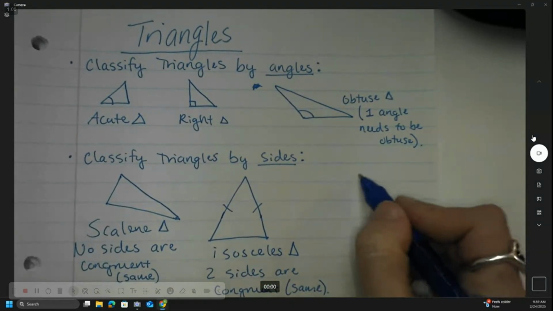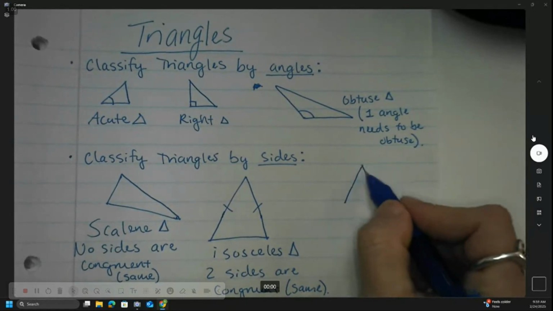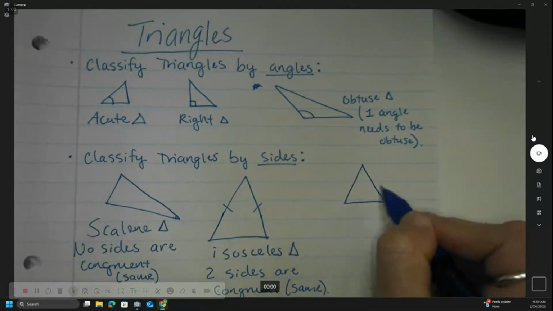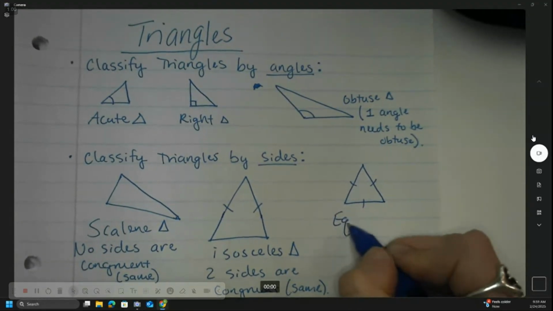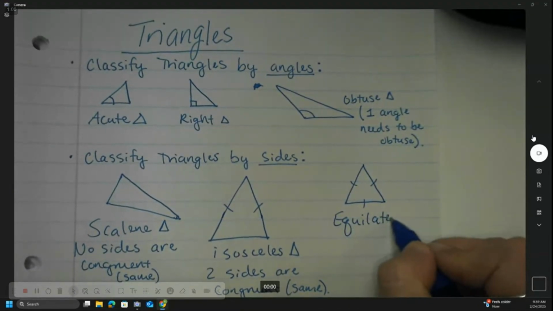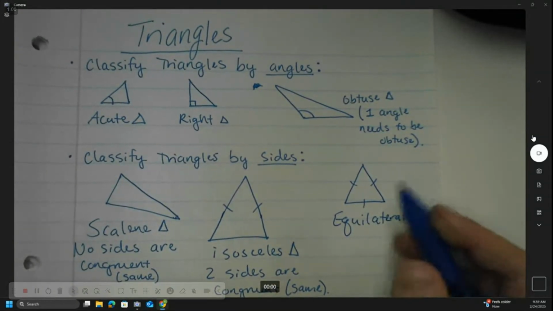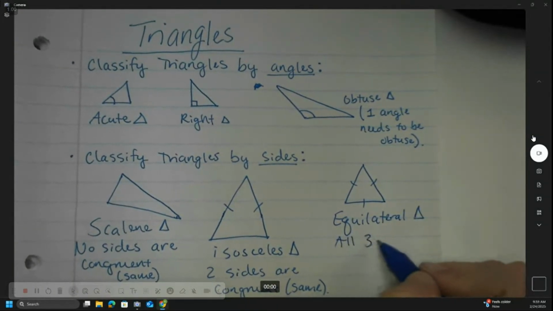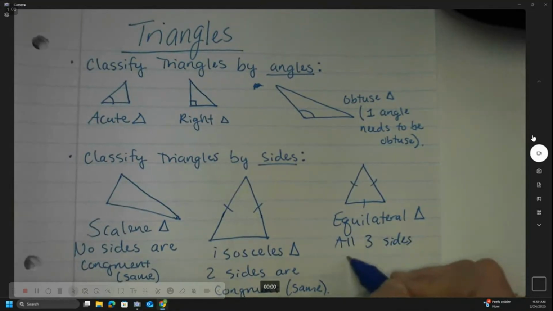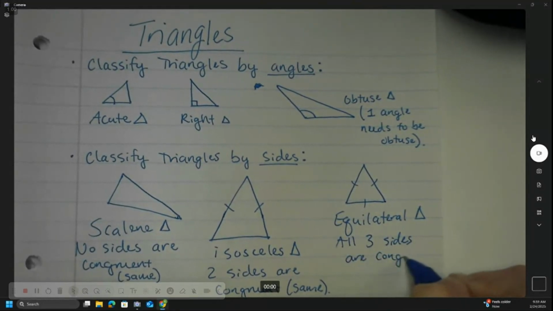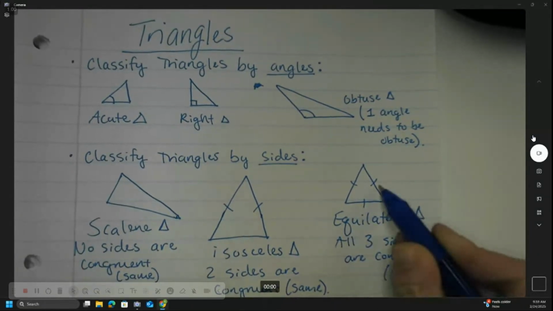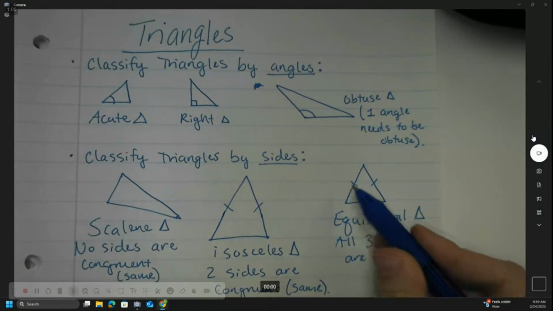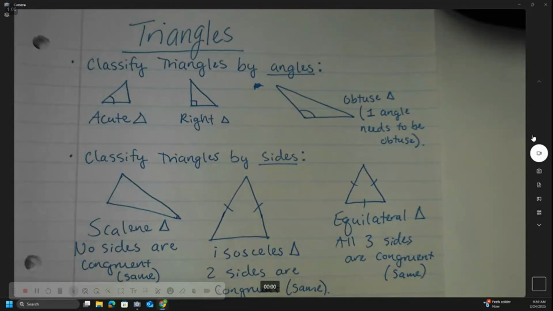And then there's one more that we classify by its sides, where all three sides are congruent. That means it's an equilateral triangle. All three sides are congruent.